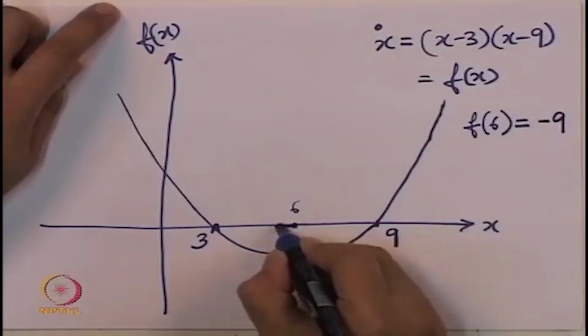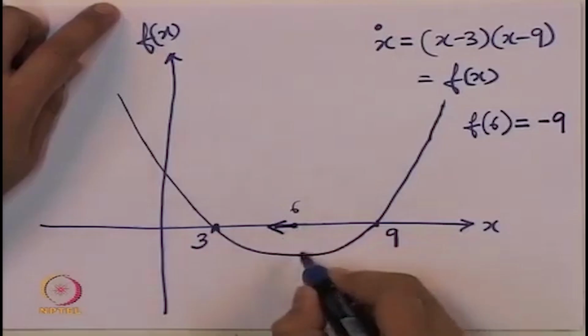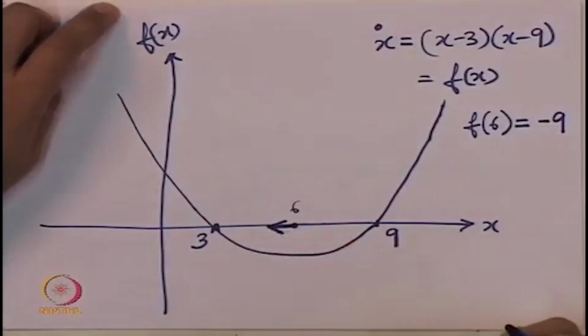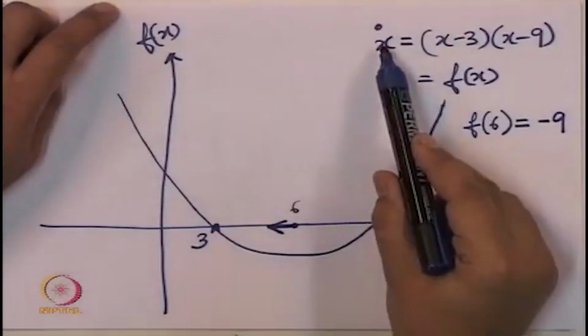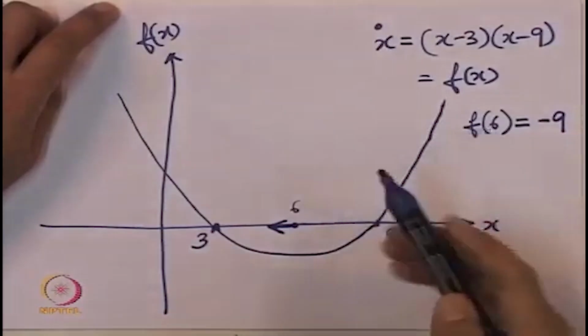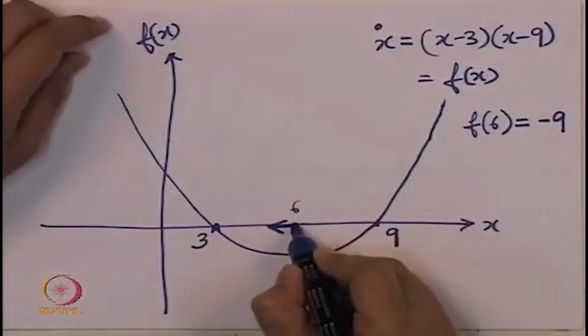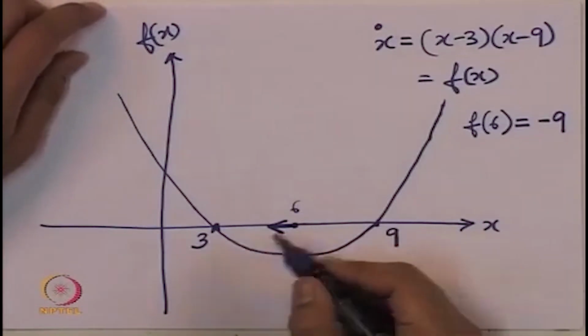So, since it is negative, we can also see from the graph here that this is a vector pointing to the left, towards decreasing direction of x, and that we can also see because x dot is equal to f of x. So, at x equal to 6, x dot being negative, x would eventually start decreasing.